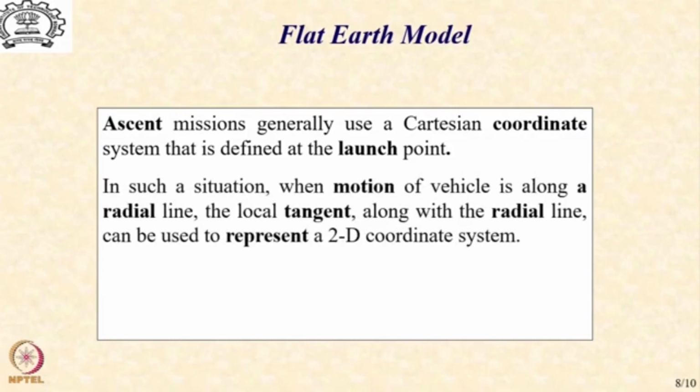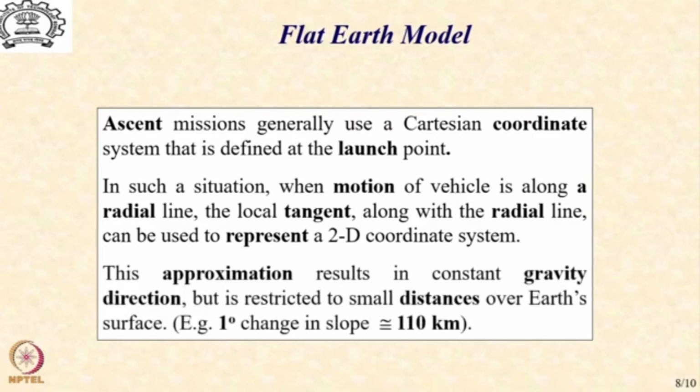So in such a situation, if the motion of vehicle is along a radial line, then the local tangent along with the radial line can be used to represent a 2D coordinate system for describing the mathematical equations governing the ascent mission. Another benefit of such a model is that it results in a constant gravitational direction which is along the radial direction as per our universal law of gravitation model.